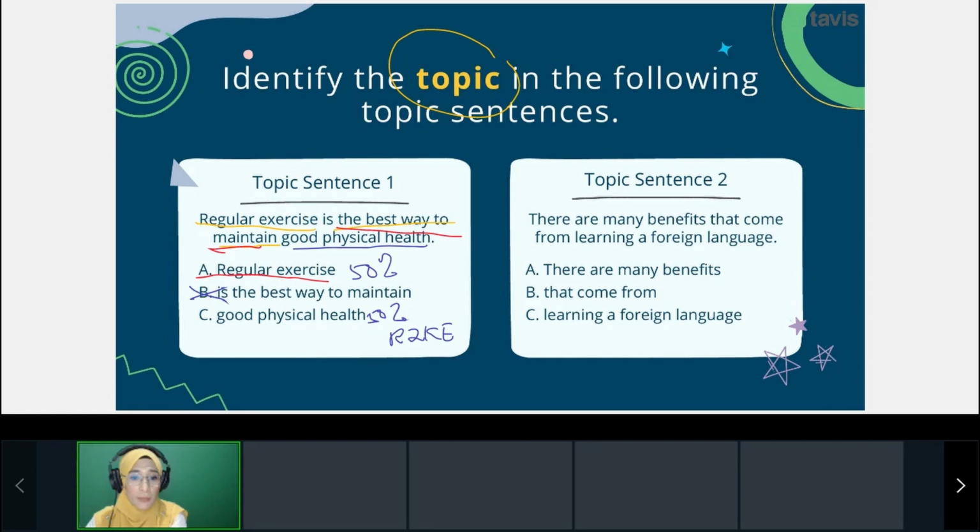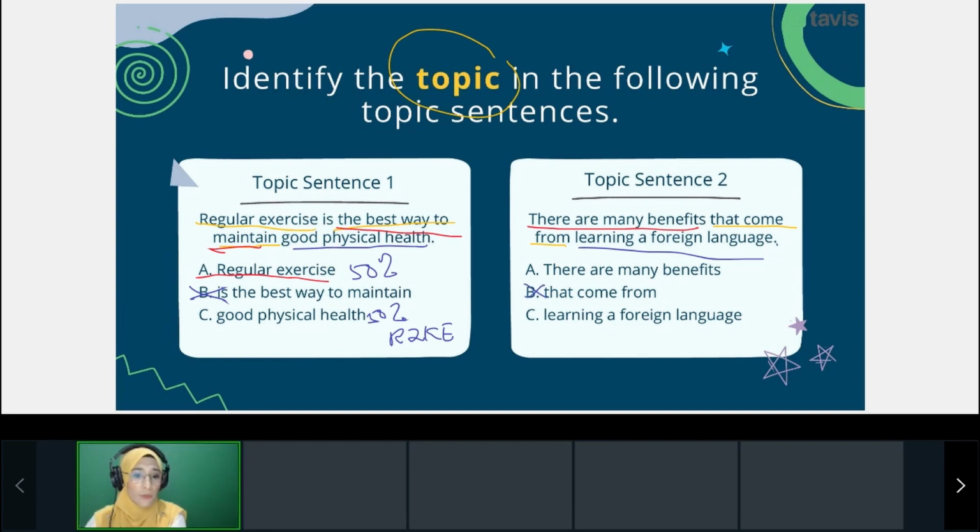Is the topic about there are many benefits? Is it that come from, or is it this one, learning a foreign language? Which one? Definitely, it is about learning a foreign language.